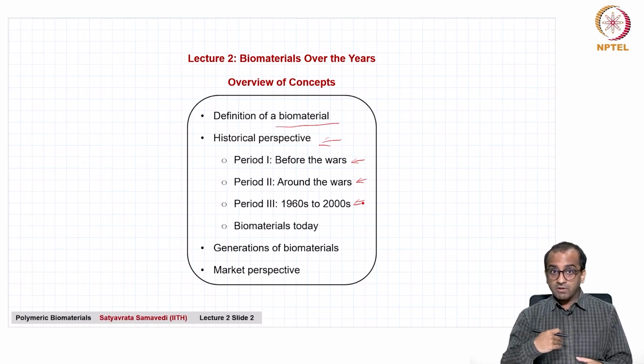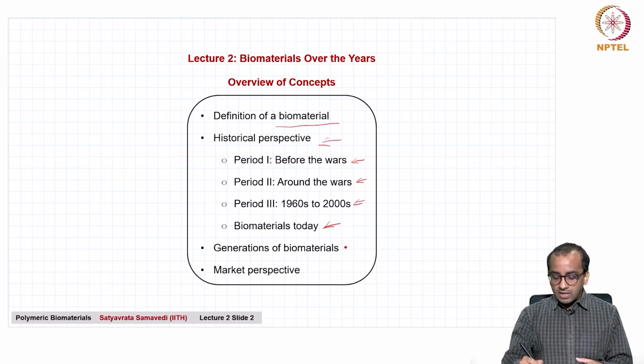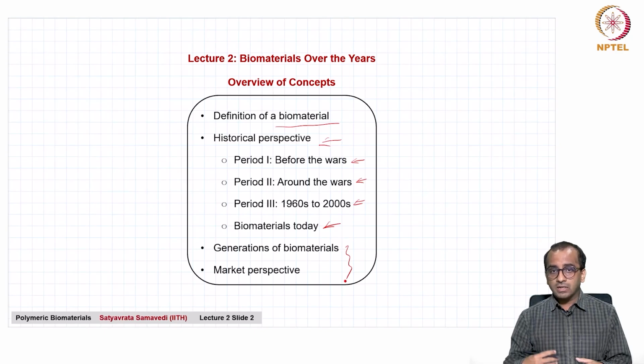And we will look at the developments in each of these periods and then finally see where we stand today and how many of those developments that occurred over those 3 periods are still helping us today. And then we will end this lecture with looking at what we mean by generations of biomaterials and also the market potential of biomaterials, just to get a sense of why this field is so important.